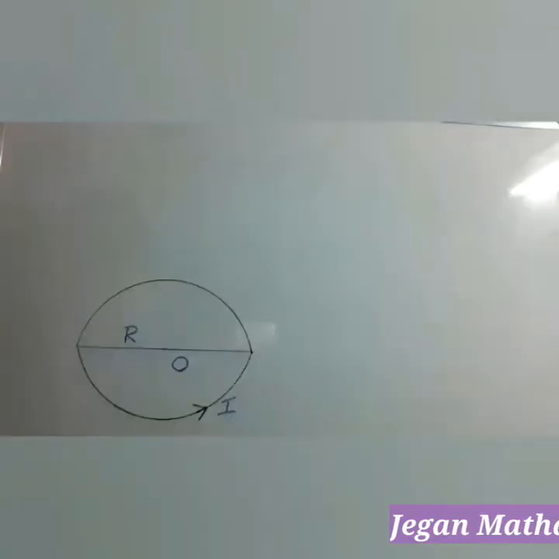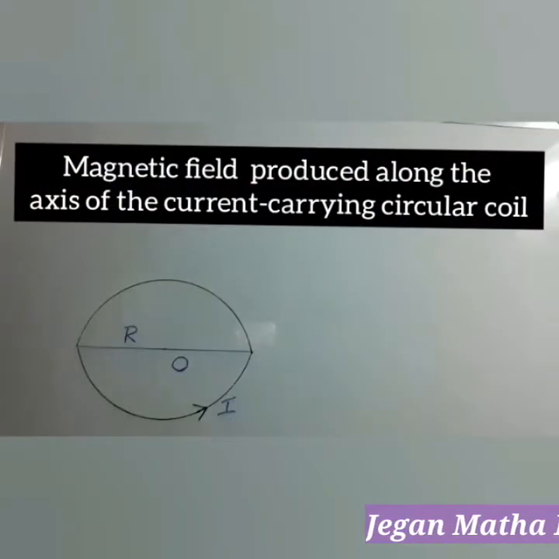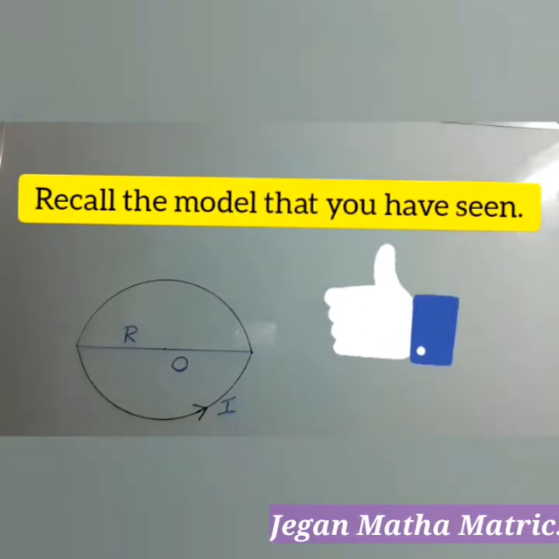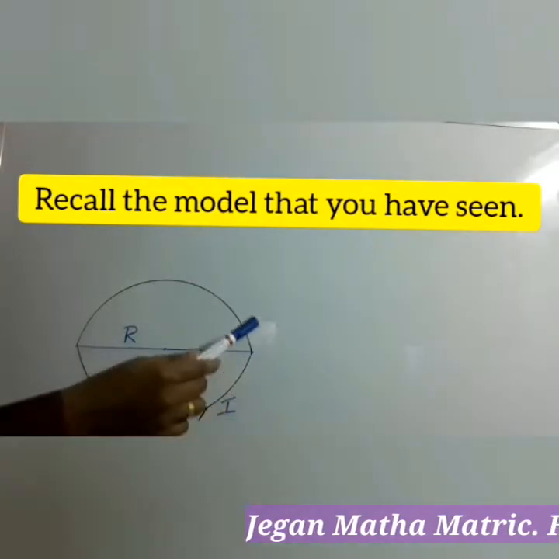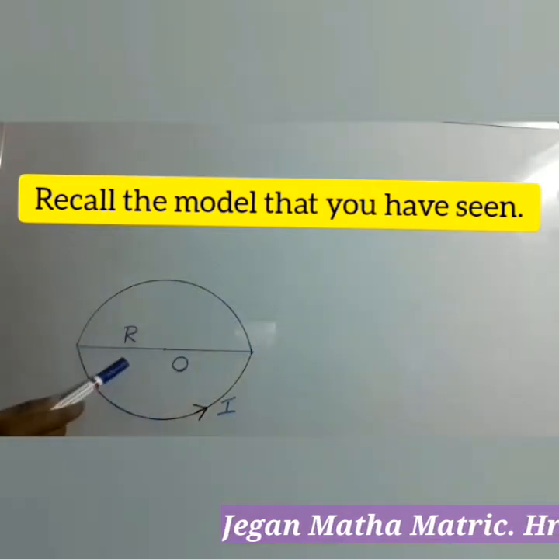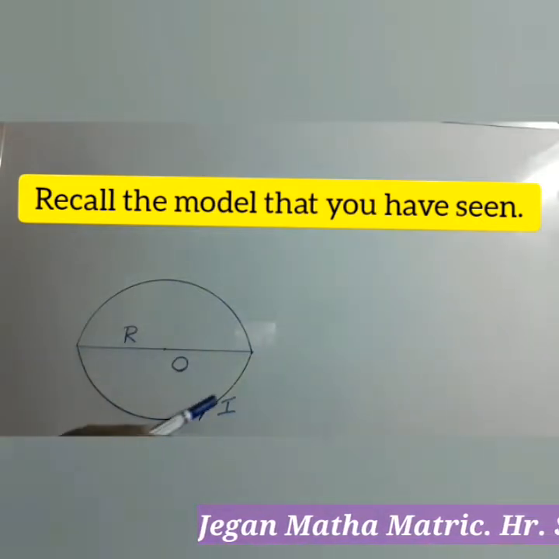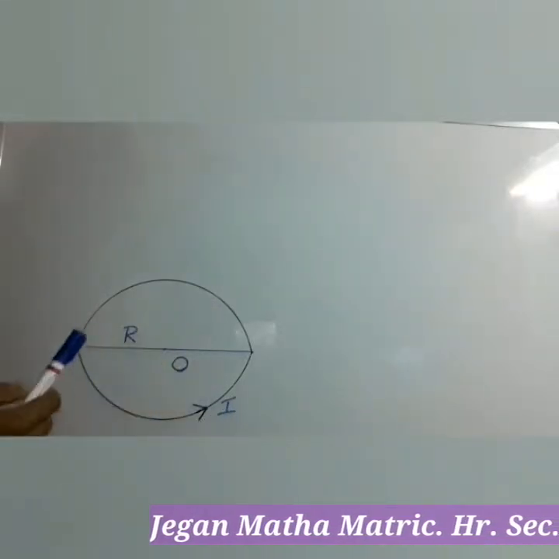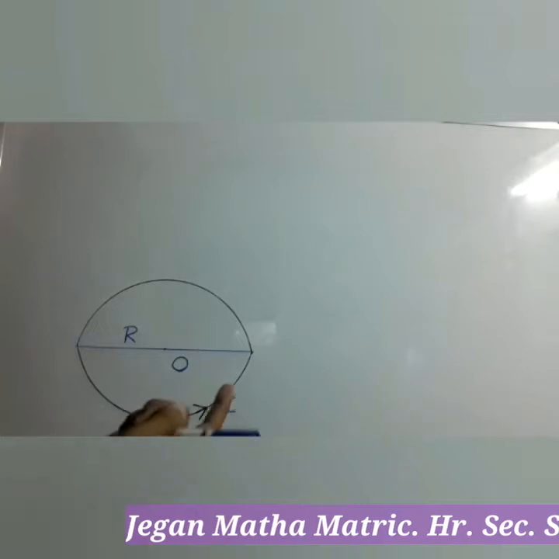Hi everyone. Today we are going to discuss the magnetic field produced along the axis of a current carrying circular coil. For that, let us consider a current carrying circular loop of radius R, and let I be the current flowing through the wire in the anti-clockwise direction.